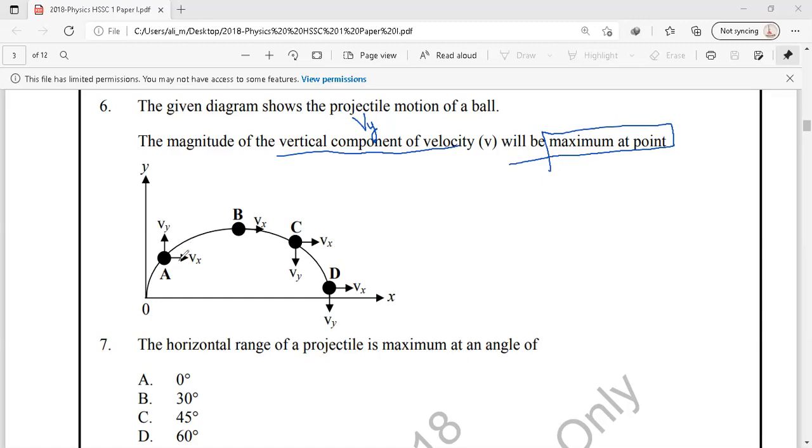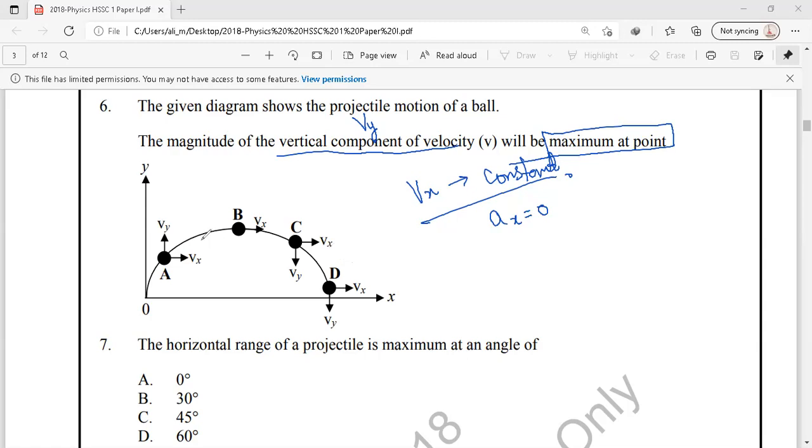So as we know that the horizontal component always remains constant, velocity का जो horizontal component है वो throughout the projectile motion हमेशा constant रहता है, जिसकी वजह से we say that the horizontal acceleration is also zero.